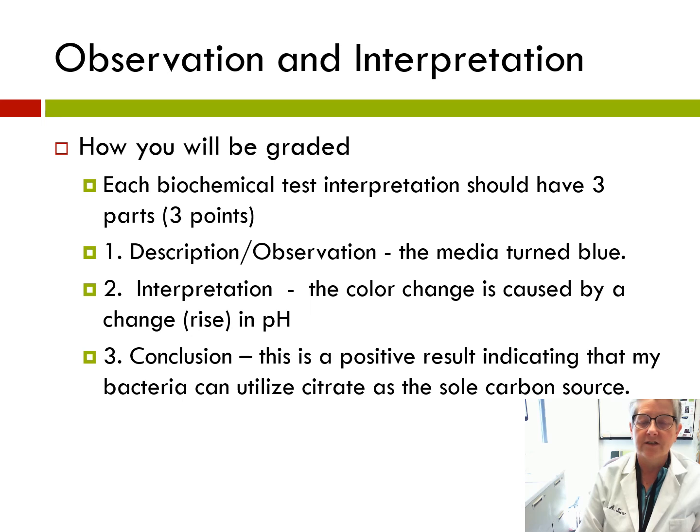The color change is caused by a rise or a change in the pH. And then what is the conclusion? So in this case, it's a positive result indicating that my bacteria can utilize citrate as the sole carbon source. So again, each observation and interpretation has three parts: what you observed, what the interpretation of that is, and then the conclusion.